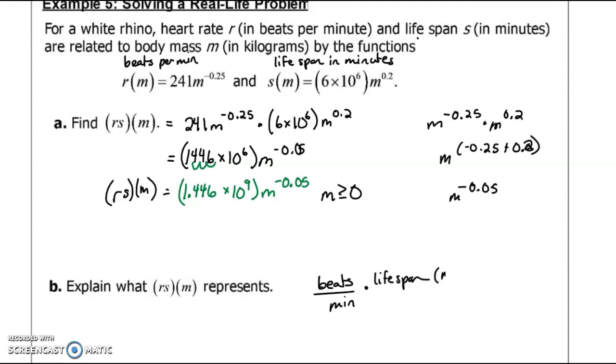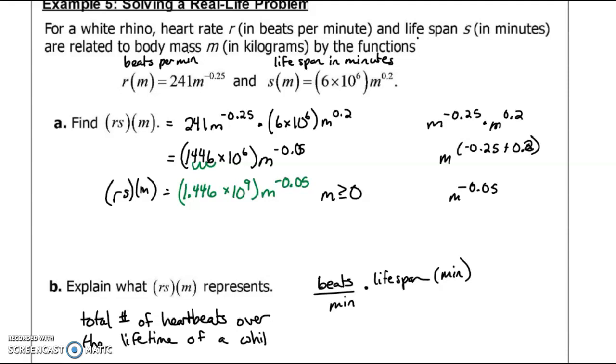So what we end up with is we're basically finding out the total number of heartbeats over the lifetime of not just any animal, specifically of a white rhino, and the variable m is its mass. So let's say, with body mass m, so we have a reference of what everything is doing.